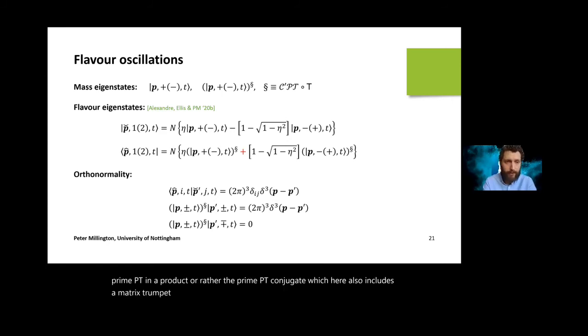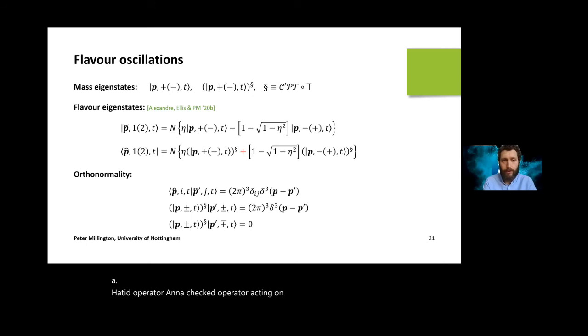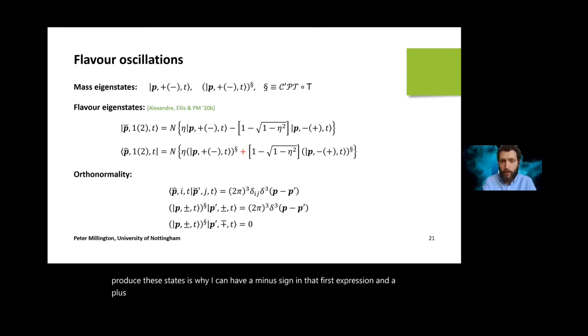And the key thing is the fact that this is a hatted operator and a checked operator acting on the vacuum state to produce these states is why I can have a minus sign in that first expression and a plus sign between the two contributions of the two mass eigenstates in the second line for those Flavour eigenstates. And this is what ensures that we have the correct orthonormality conditions, both in the Flavour basis at finite times and in the mass eigenbasis at finite times.